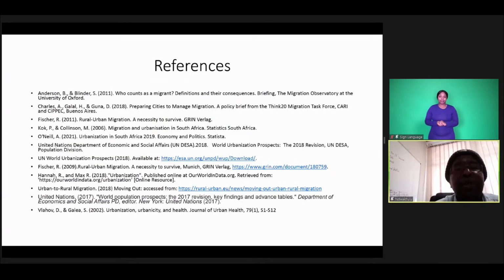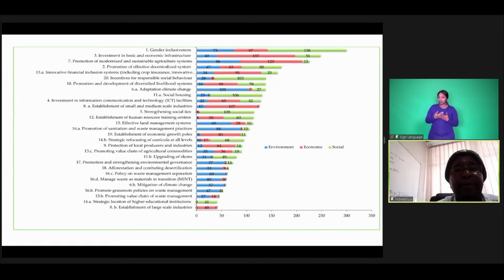And again, some of the solutions which can be looked at, as I indicated, are the cities inclusive of gender? Is there enough investment? Otherwise, we would have a problem where the rural areas are not made more attractive. Do we have agricultural systems which are more modernized?